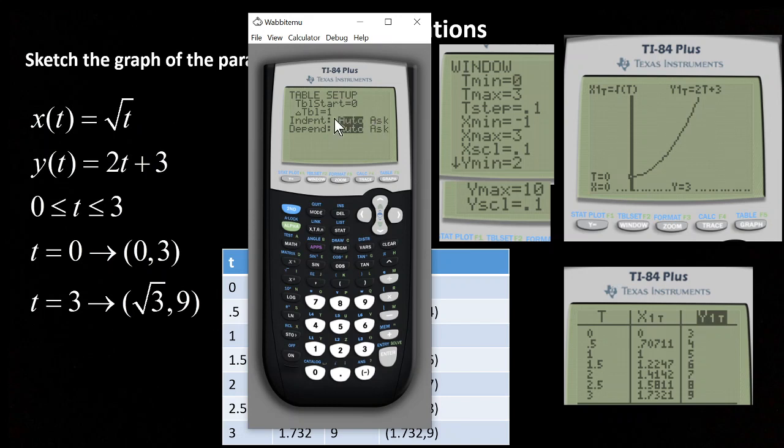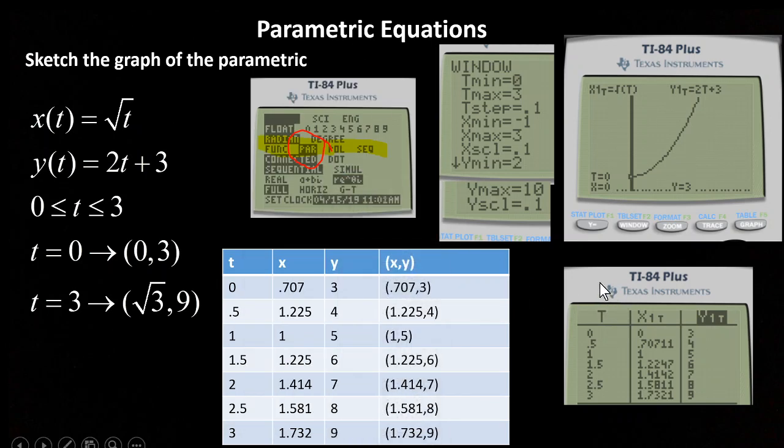So if you put in auto, it's going to start from 0 and go by 1. And these are t values, right? So instead of going by 1, you could go by 0.2. And then you press second table. And as you see, for every t value, you get the x and the y values. And that's the table.